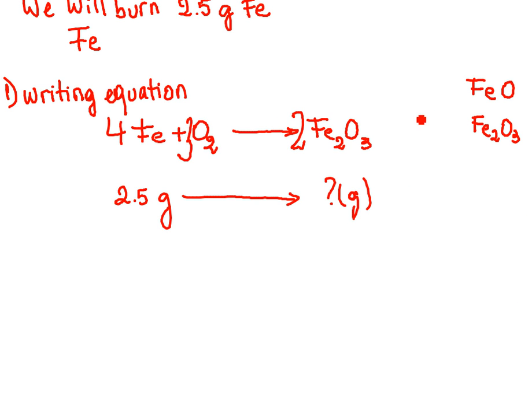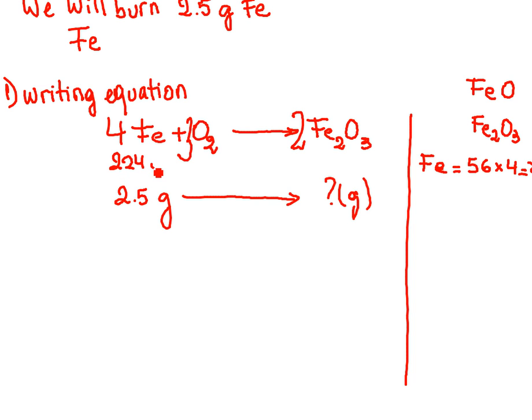So we are going to take the periodic table, as always, and we say iron is 55 point something. Let's round. 56 times 4 is 224. So 224 grams of iron are going to react with oxygen. 16 times 2 is 32, the molar mass of the oxygen molecule, but we have that 3 times.